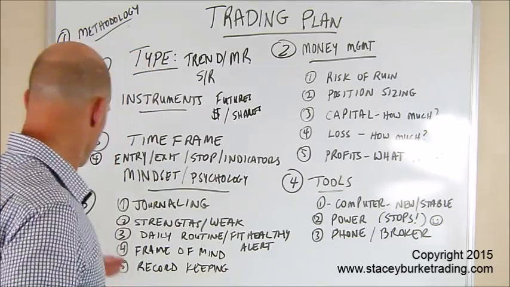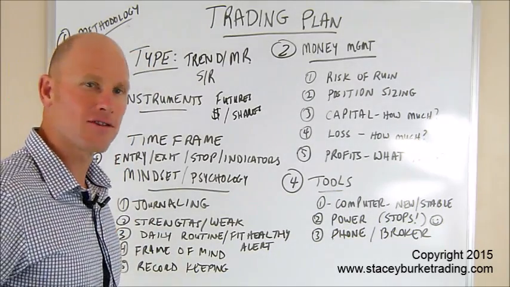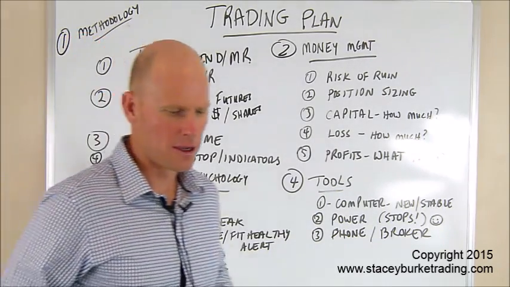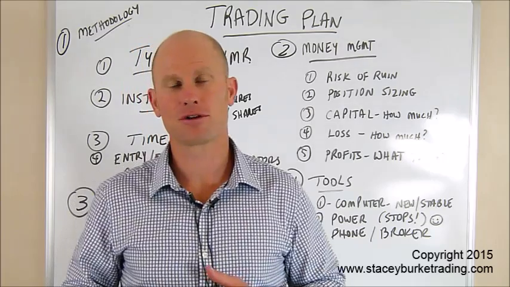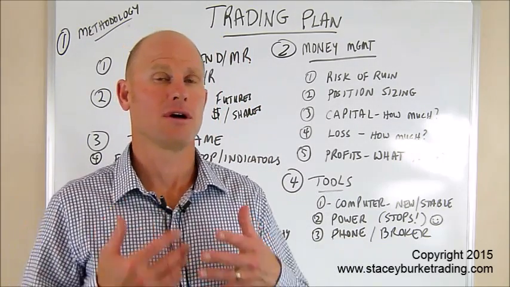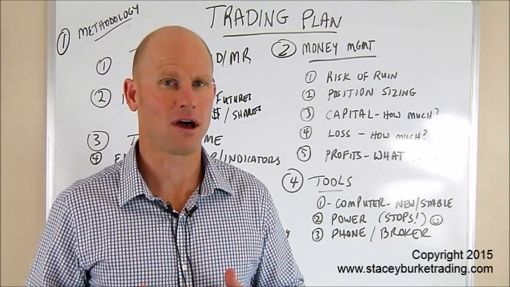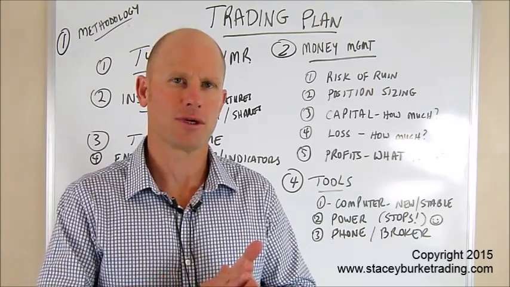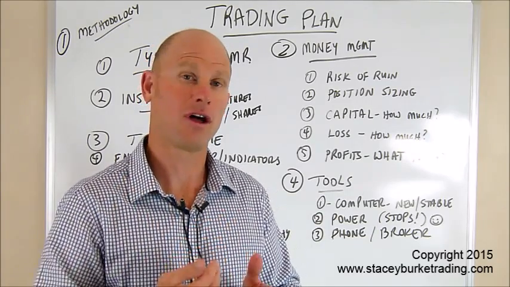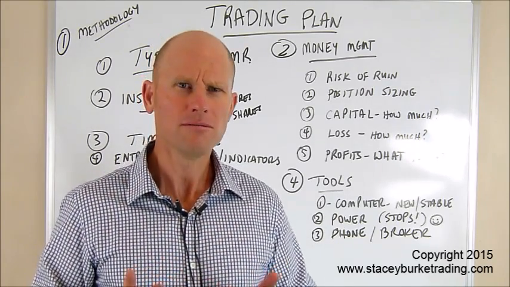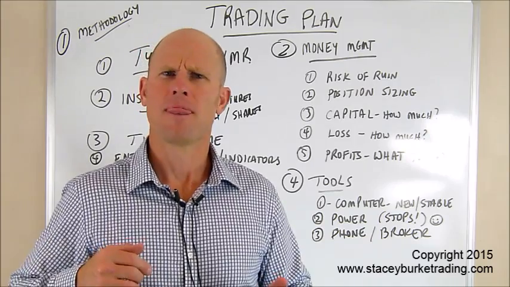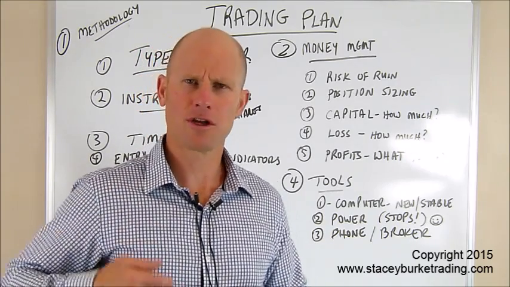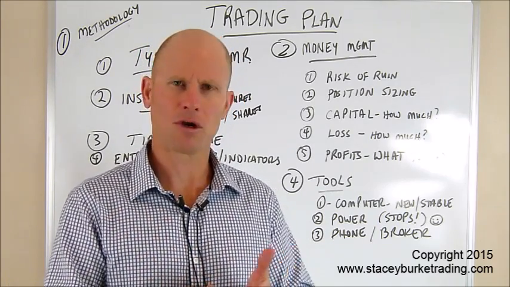Okay, so that brings us to the third component, which is mindset and psychology and journaling. You want to be keeping accurate records of your trading history. So obviously keeping track of your profit and loss, your entry and exit, in terms of your following the trading process, but also your frame of mind. What did you do well today, or what did you do well this week? What were your strengths? What were your weaknesses?